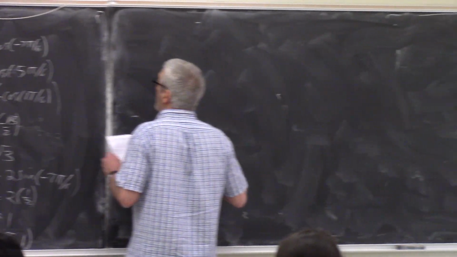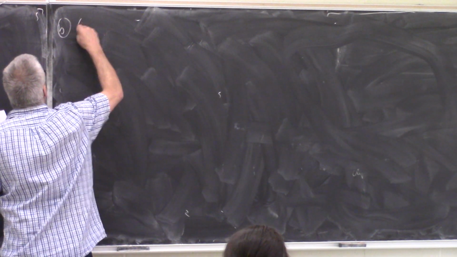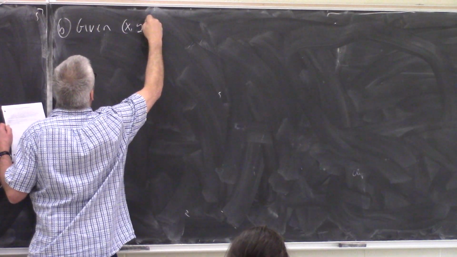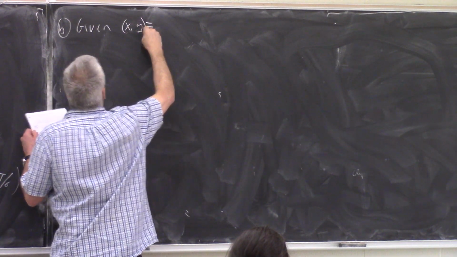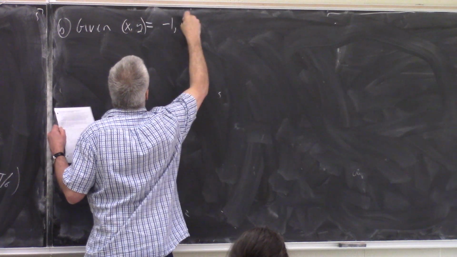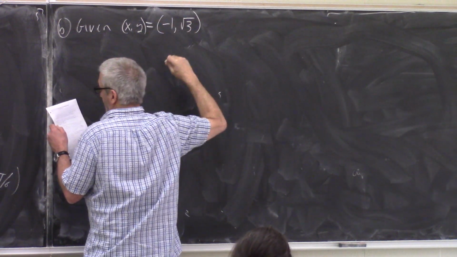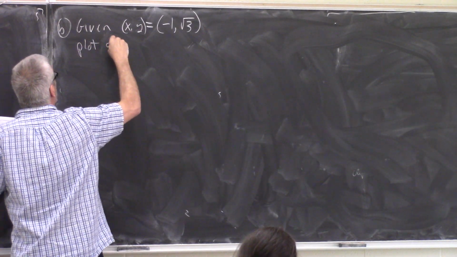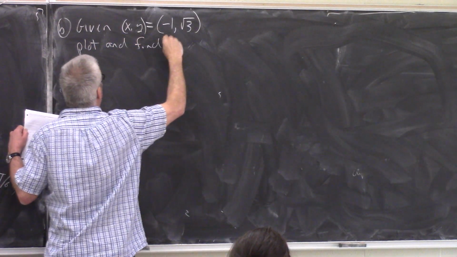B, given x, y equals minus 1, square root of 3. Plot and find polar coordinates.